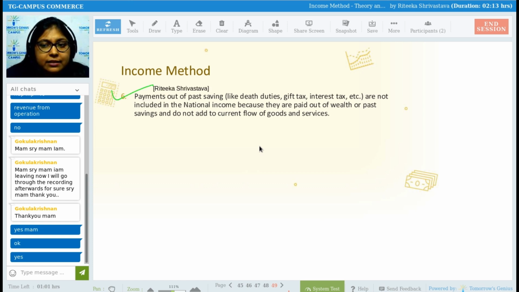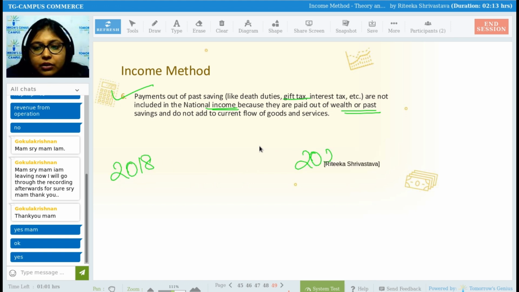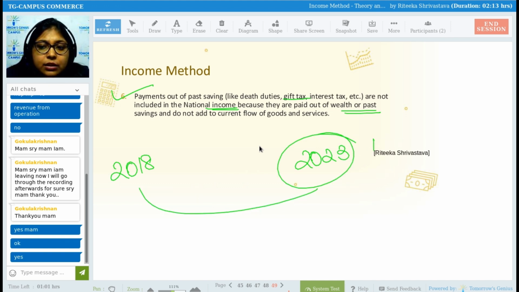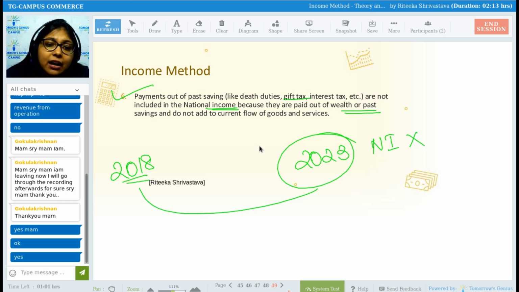Payment out of past saving is not included, like death duties, gift tax, wealth tax are not included in national income because they are paid out of wealth or past savings and do not add to the current flow of goods and services. If I have done savings in the year 2018 and if I am doing the transaction in 2023 by using this money, then in 2023's national income it will not be included because that income I received in the year 2018.